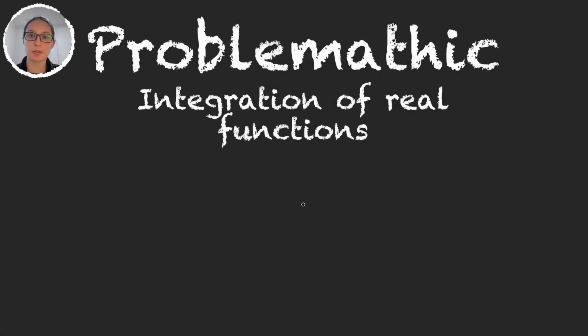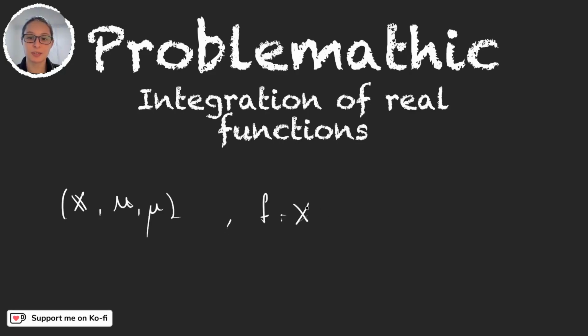In the last few videos, we've been talking about integration of non-negative functions. That is, we were assuming that we had a measure space (X, M, mu), and we considered functions from the set X that went to the real numbers and were non-negative.